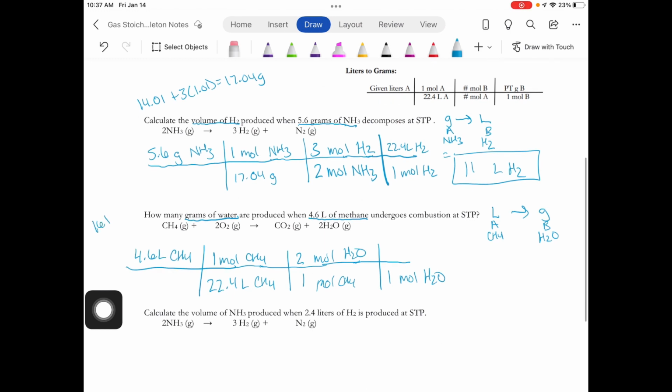So we have 1 oxygen plus 2 hydrogens times the 1.01, that equals 18.02. So this will be 18.02 grams of water. So multiply everything on top, 4.6 times 2 times 18.02, and divide by your 22.4. And I get 7.4 grams of that water.